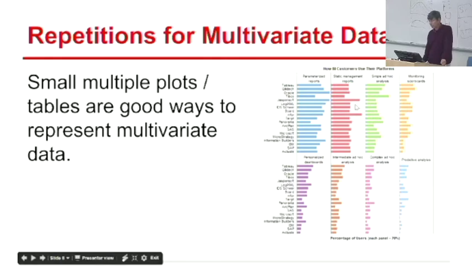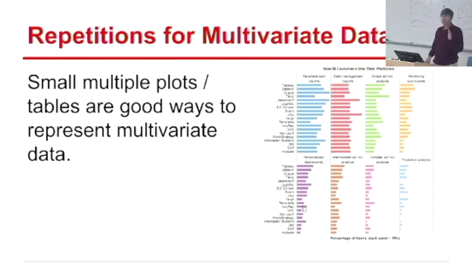And naturally, when you have comparisons like this, the eye wants to do things. It's pretty clear nobody is doing predictive analytics. It's pretty clear that a lot of people are doing parameterized reports on what are the popular tools and which do people like. So I always find it is very good to think in terms of multiples, okay?